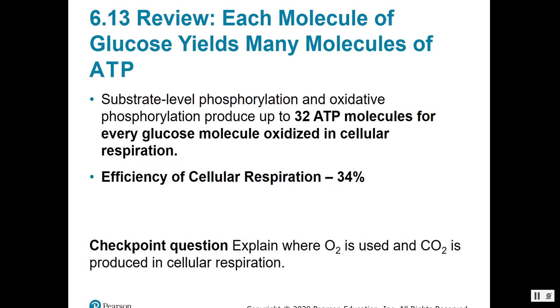Okay, oxidize, remember, means to lose electrons. Reduction is to bring them on. So we get 32 at the end. When it's all said and done, we get 32 ATPs at the end of cell respiration. The efficiency of cell respiration is 34%. So 34% of that is converted to energy, and the rest, of course, is lost as heat.